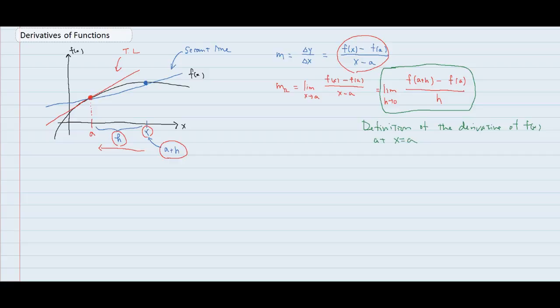Now, as you know from the previous sections, when you're trying to evaluate the limit, it may or may not exist. So this definition is actually not quite complete unless I add this statement, if this limit exists.